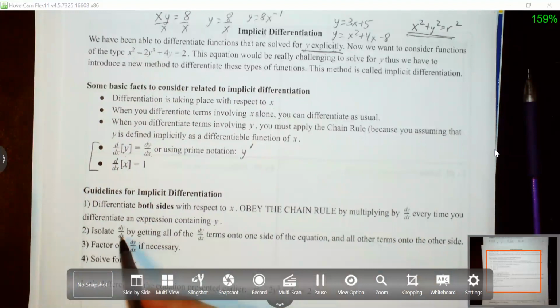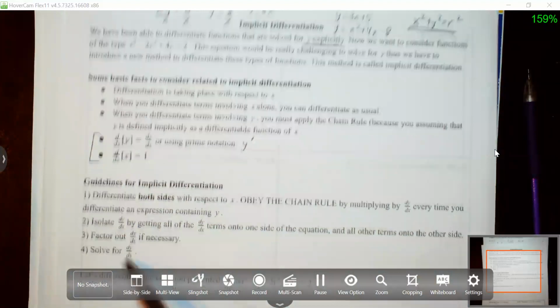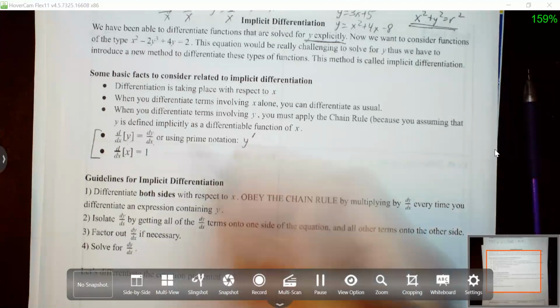The next step is any term with dy/dx, we bring those terms to one side and all other terms on the other side. And then we solve for dy/dx. Usually we would have to factor out a dy/dx.